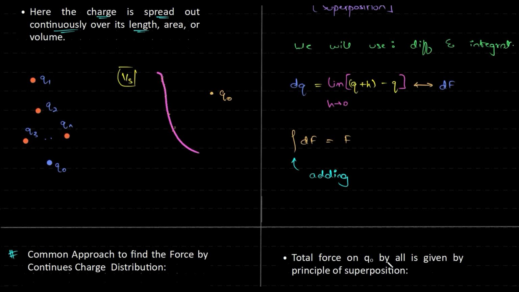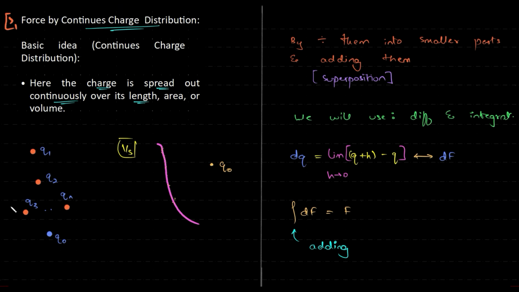Okay, yes. So what is it that we learned now? We can have a bunch of charges that can be spread out in this manner, but not all the scenarios also. In real life, charges are spread out in a weird manner on different lengths, areas, and volumes. The effect of this can be understood with the help of the simple superposition theorem only. But here the size with which we are playing is very small, right? So we need to make use of the concept of integration and differentiation.